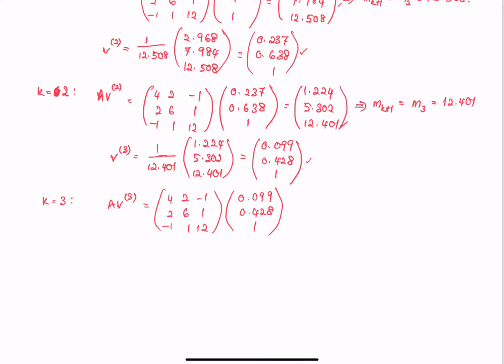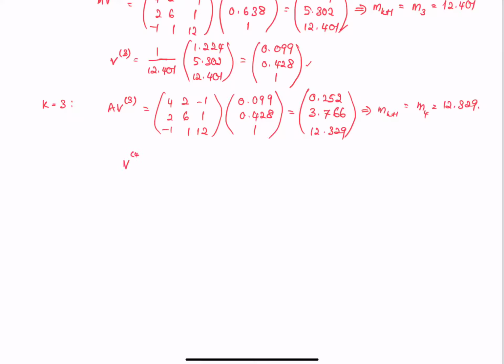And for this one, what you will get is 0.252, 3.766, 12.329. And of course, for the largest eigenvalue, the dominant eigenvalue M_{k+1} is M4, equal to 12.329.